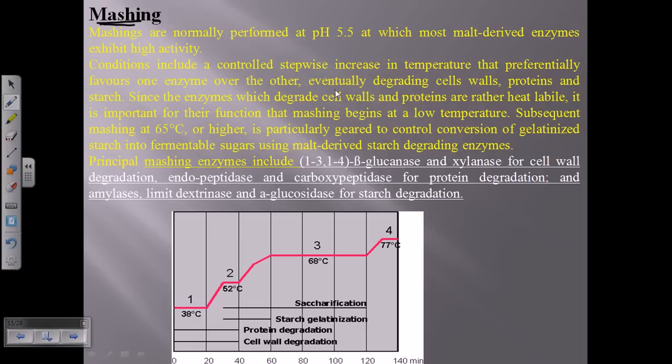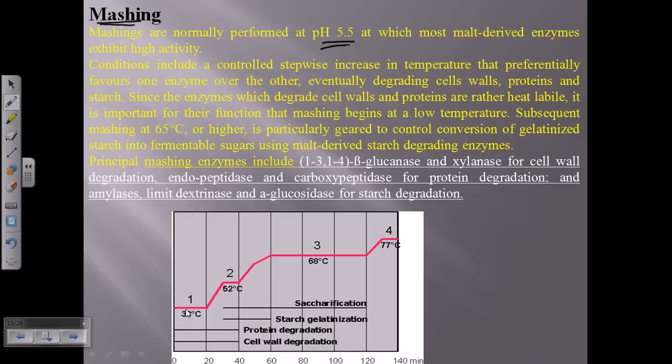Okay, so mashing is normally preferred at a pH of 5.5. It is a slightly acidic pH, because this is the pH at which most malt-derived enzymes exhibit proper activity. This process of mashing is nothing but enzymatic activity; many enzymatic reactions are going on.